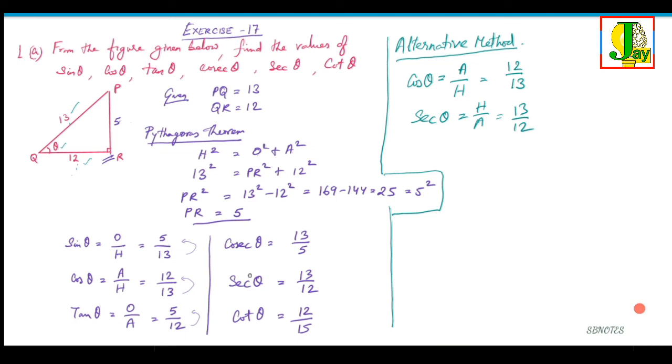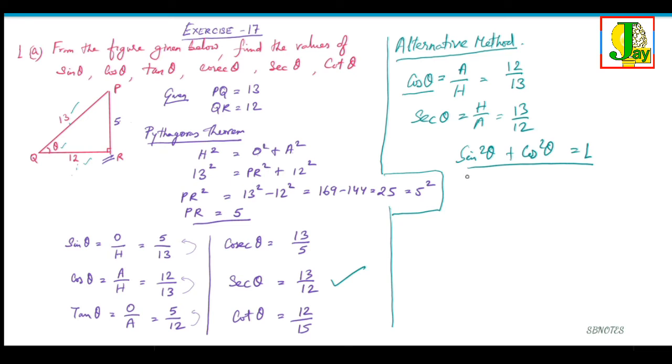Now what other things we can get? So we know cos square theta plus sin square theta equals 1. We use that identity. From this identity we can easily find sin square theta. How? We'll just put the value of cos square theta there.